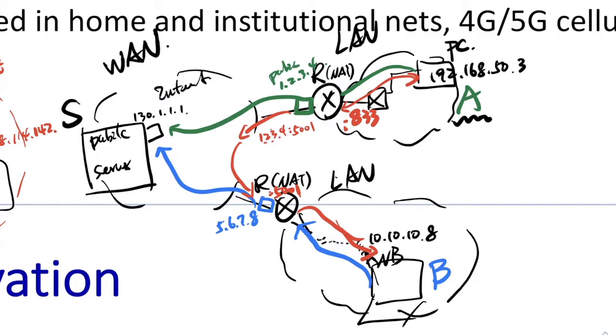It is a very complex situation. So usually, without any information, A cannot directly talk to B, and B cannot do so.